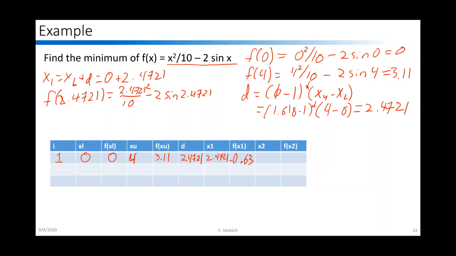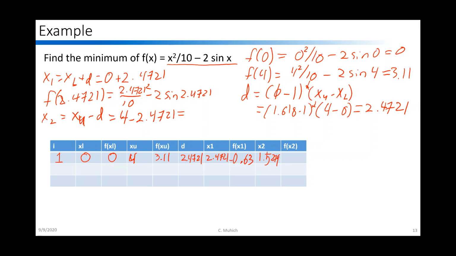And I can do the same thing for my x2 point, which is x upper minus d. So we have 4 minus 2.4721. That, of course, is 1.5279.